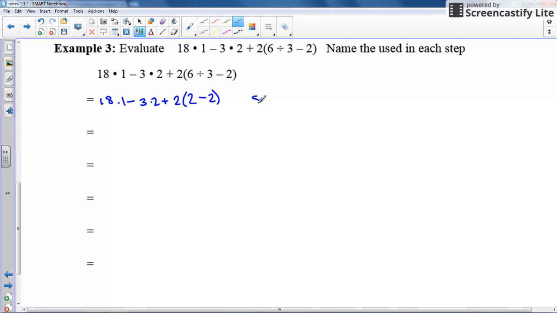That was just simply substitution. Okay, we substituted 2 in for 6 divided by 3. Then the next thing we're going to do is we're going to finish off this grouping symbol. 2 minus 2 is 0. Again, that's substitution. Nothing else has changed, so I'm just going to copy everything else.